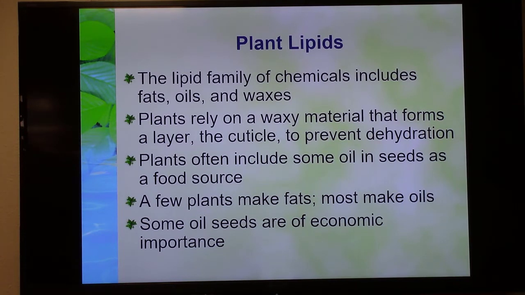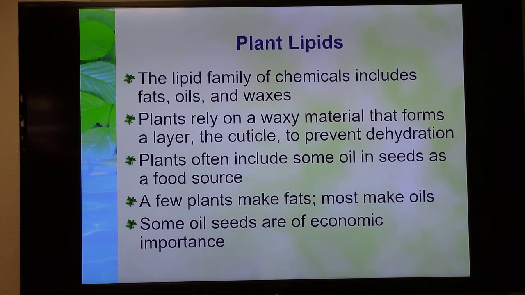You go to the grocery store, what kind of oils can you buy? Olive oil, vegetable oil, coconut, sunflower, canola, peanut. And each of these has different advantages in your kitchen. If you're a good cook, you probably have several different ones.